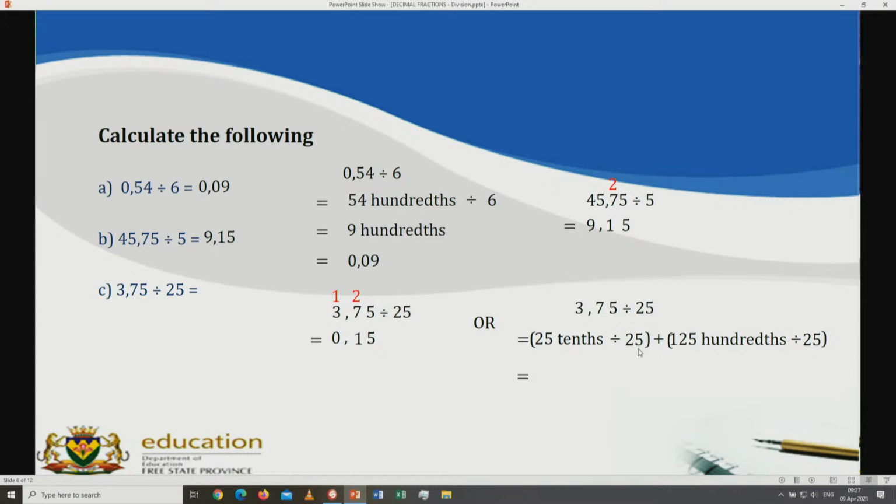Now 25 divided by 25, it will give us how much? 1 tenth. And then plus 125 hundredths divided by 25 to give us 5 hundredths, which in the decimal notation will be 0,1. No units, it's 1 tenth and 5 hundredths, which is going to be 0,15. That's good. Now we see that these two different methods can make our work very easy.